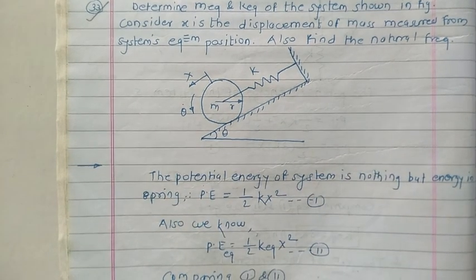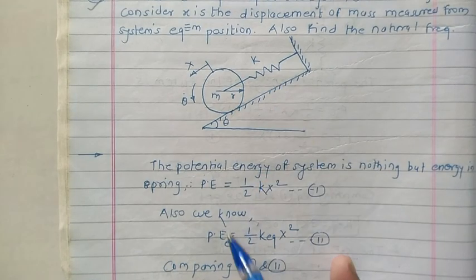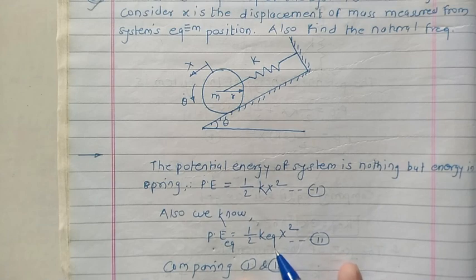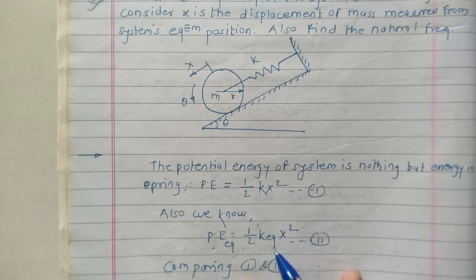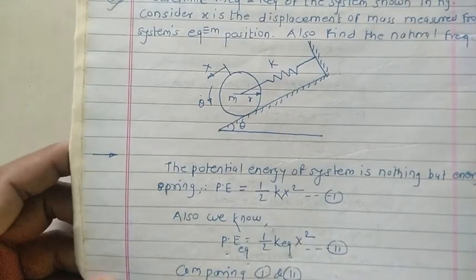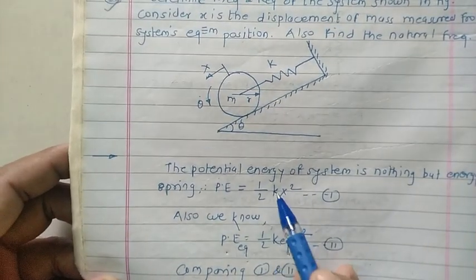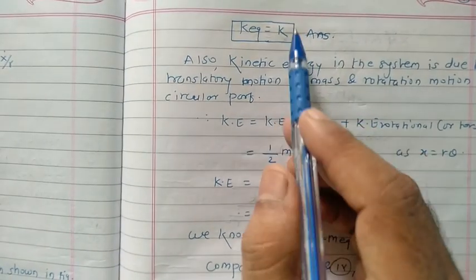Here is the simple single spring with us. Straightforward, we can compare this relation with the potential energy equivalent, which is nothing but 1/2 K equivalent into x square. We compare both the equations. What do we get here? Equation number 1 and equation number 2, we can get K equivalent is nothing but K in short. In this way, we get the relation K equivalent equals K.